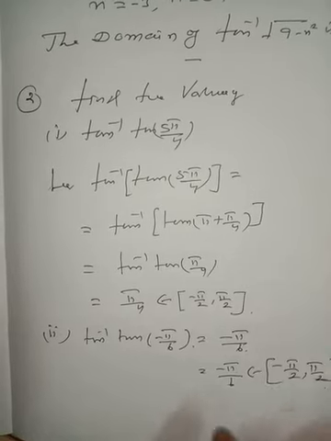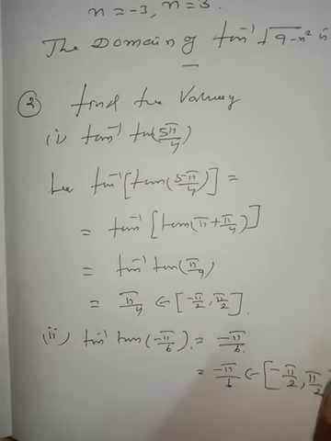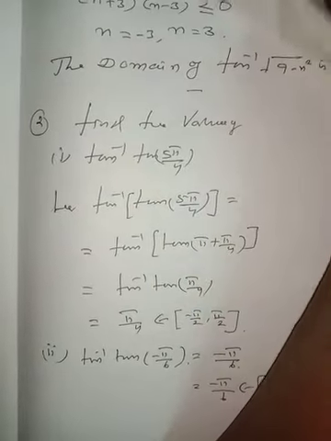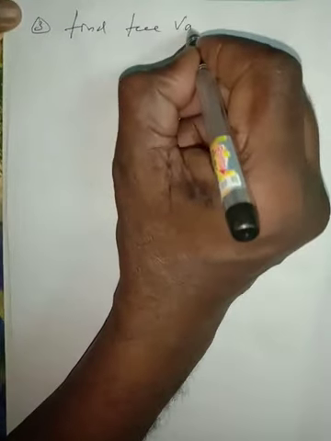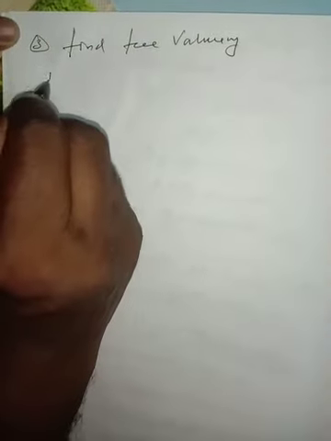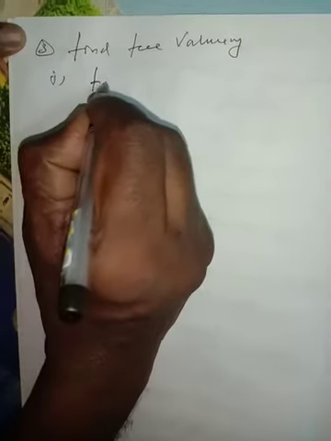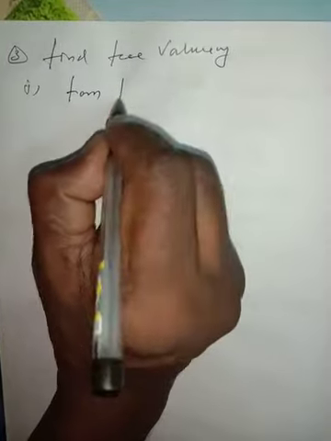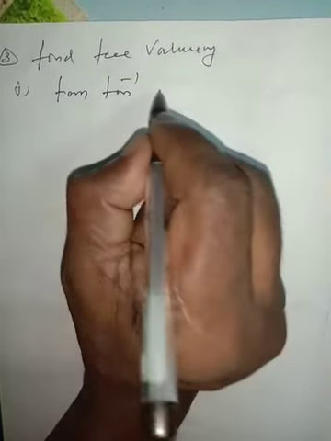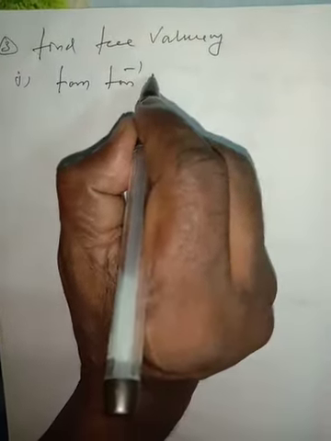Question number 3. Find the value of subdivision number 1: tan inverse of 7 pi by 4.